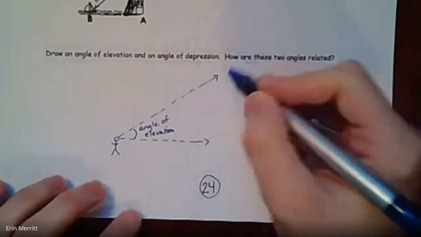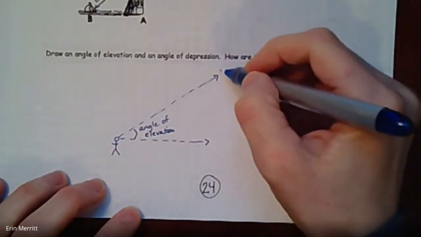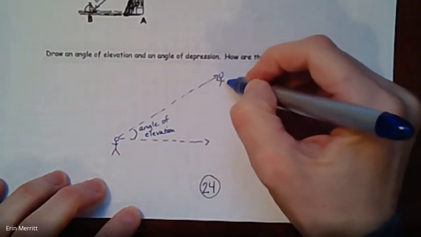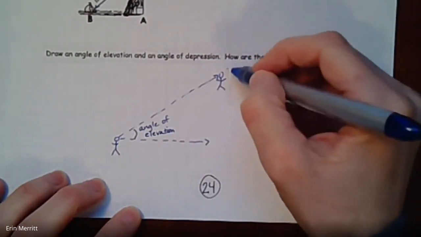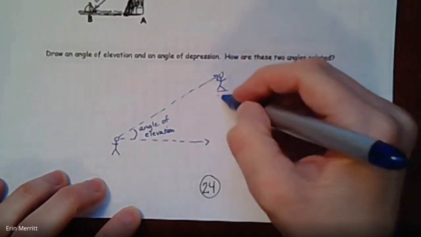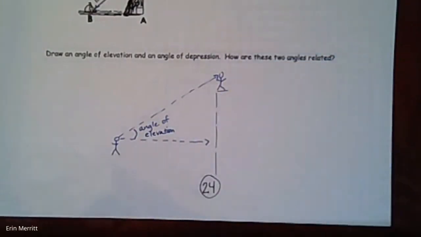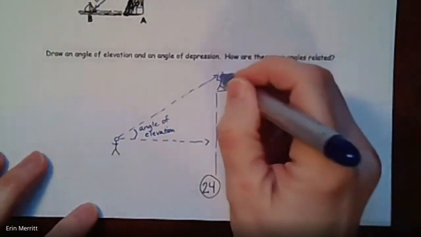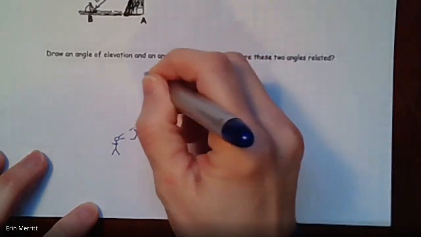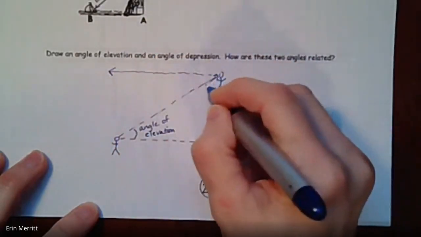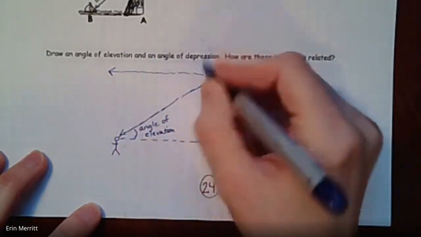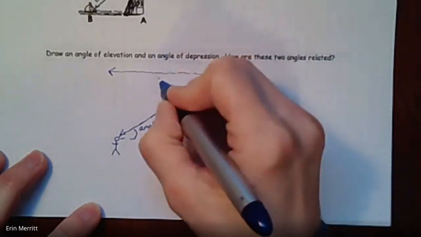Let's pretend they're looking at their friend who is in a building up here, maybe standing on a rooftop deck. We're not going to overthink this. If that person looks straight out and then looks down at their friend, the angle of depression would be right here.